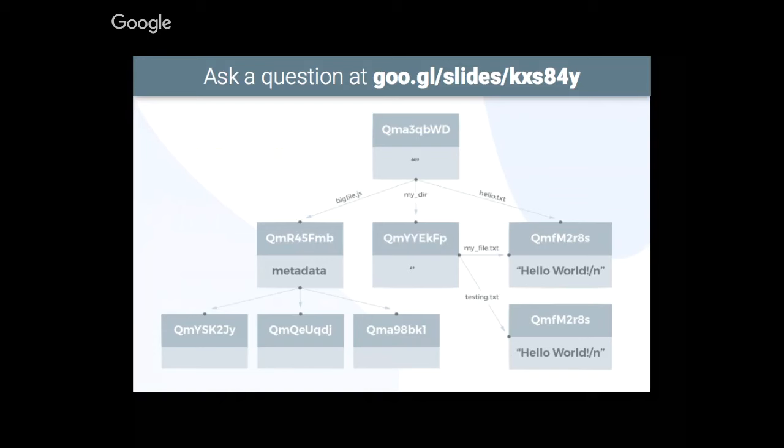And then from mydir in the middle there, we have links to myfile.txt and testing.txt, both of which reference the same CID. In fact, hello.txt, myfile.txt, and testing.txt all reference the same content ID, and we have it represented twice here just to make things a little less cluttered.